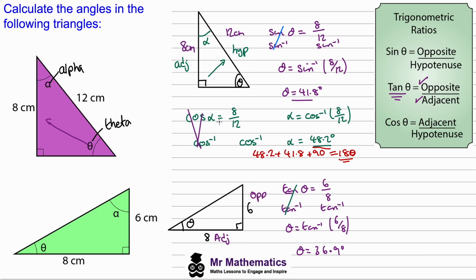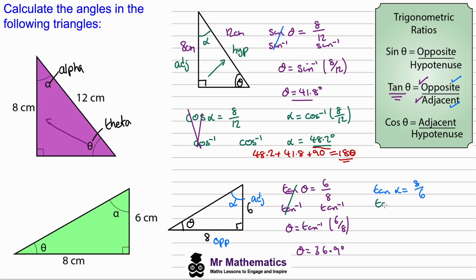So if we move on to working out alpha, we'll need to change the names of the two sides. You can see the 8 centimeters is now opposite the angle alpha, so this will become the opposite length, and the 6 is adjacent between the angle and the right angle, so this will be the adjacent length. So again, we've got the opposite and the adjacent, so we'll use tan. The tan of alpha will be the opposite 8 divided by the adjacent 6.